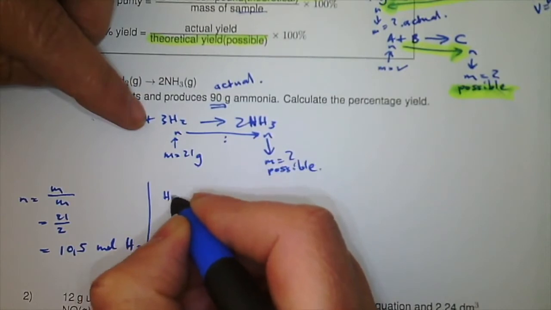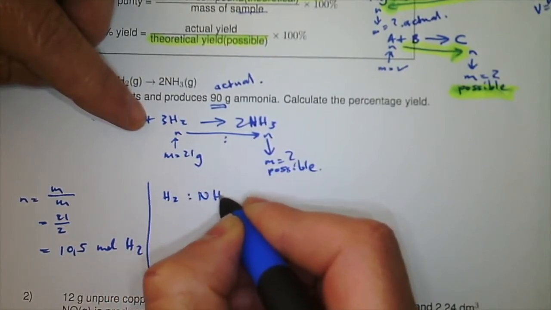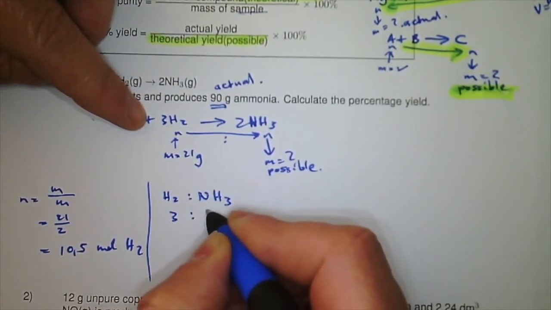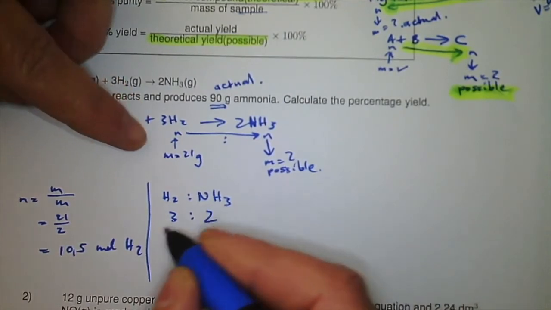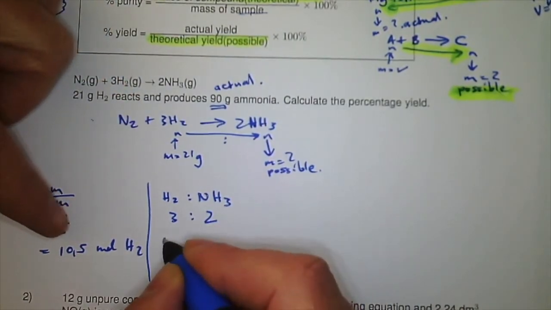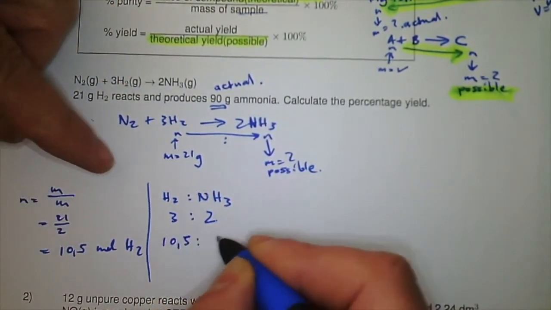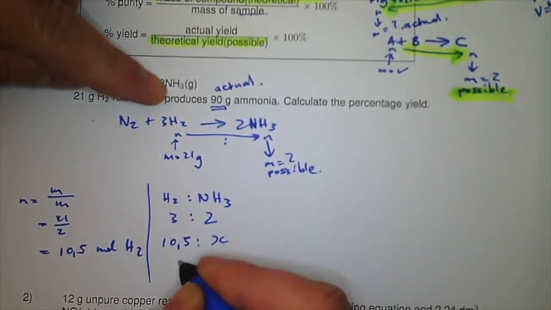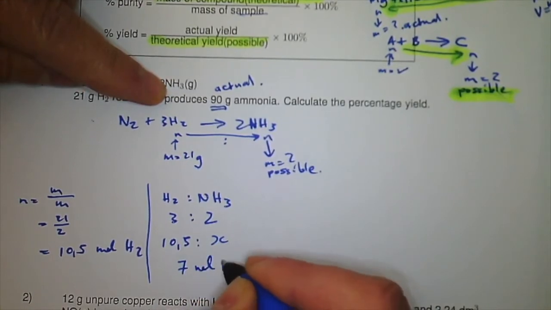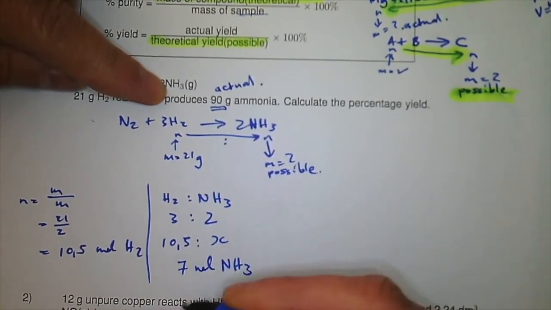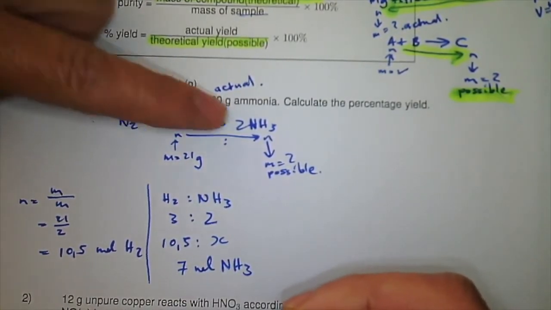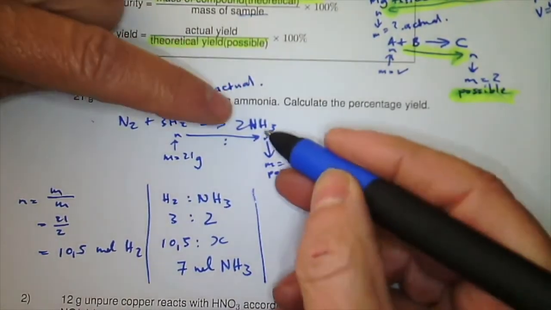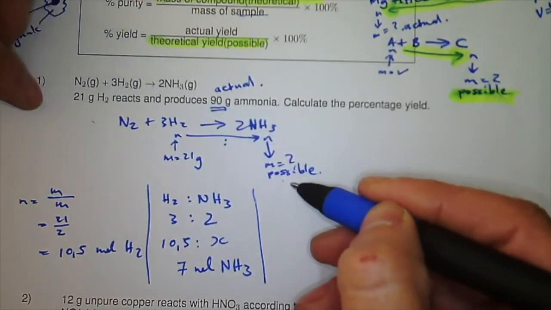So we're going from H2 to NH3, and 3 of these will produce 2 moles of that. So I don't have 3, I have 10,5. So the question is how many moles of that? And when you do your cross calculation, that will tell you 7 moles of NH3 can be produced when that 21 grams react.